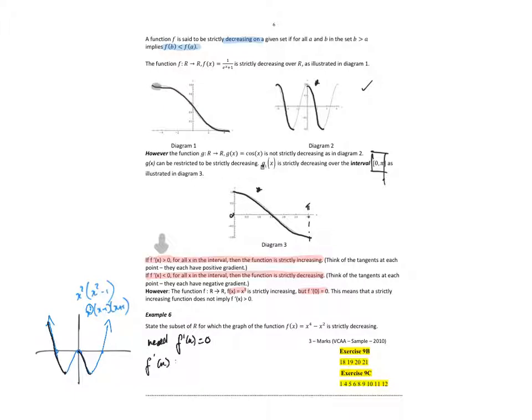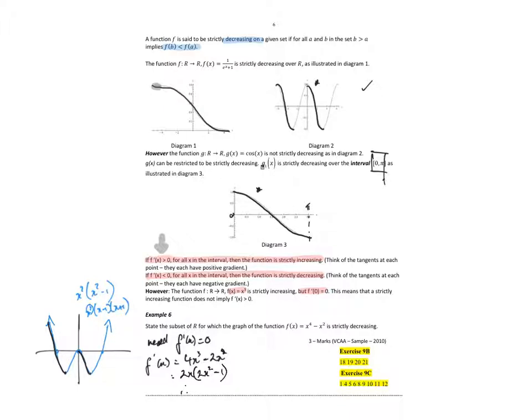F dashed of x is equal to 4x cubed minus 2x. So let's take 2x out the front. That gives me 2x times 2x squared minus 1. Solve that equal to 0.